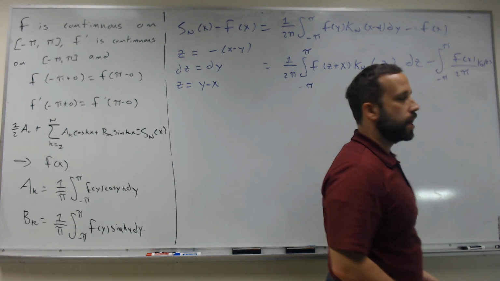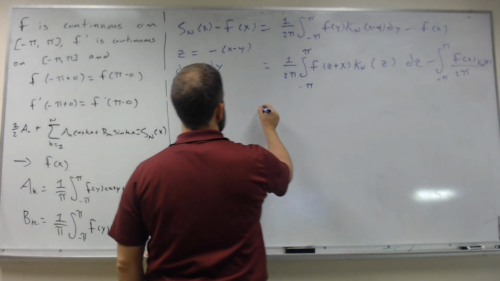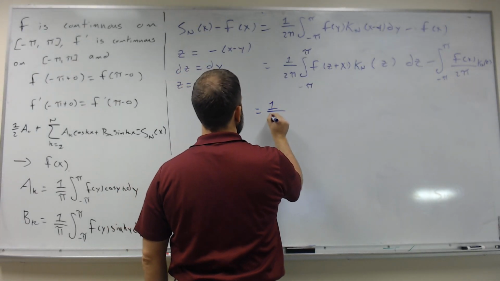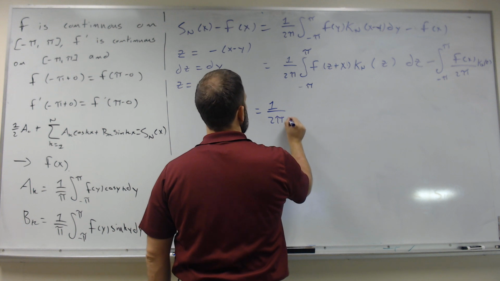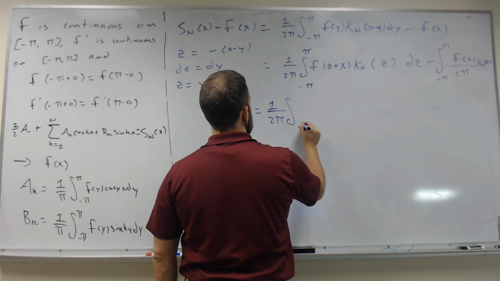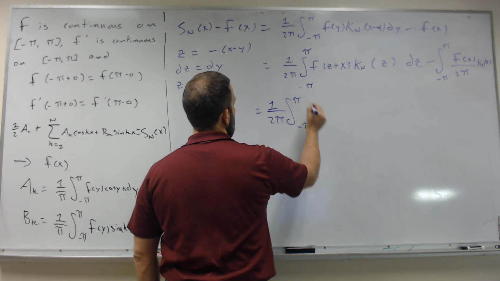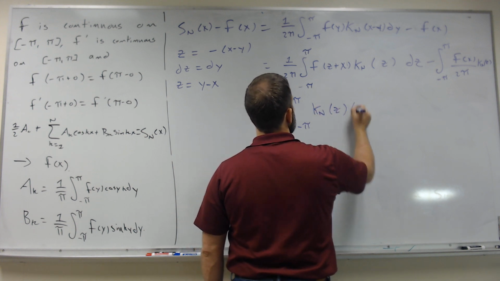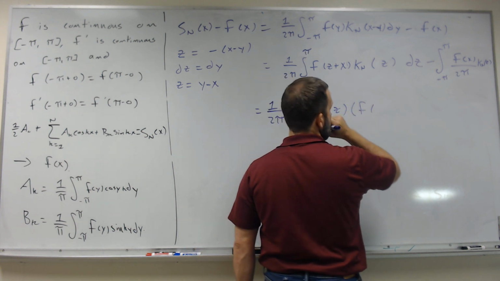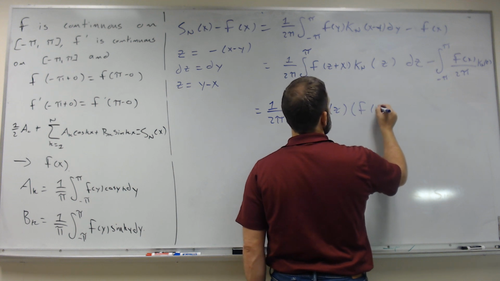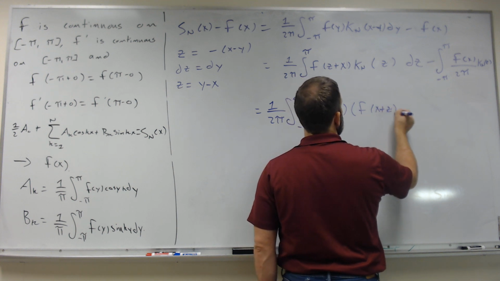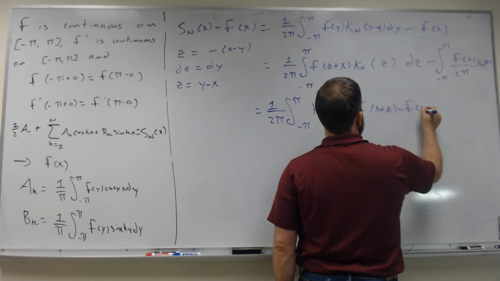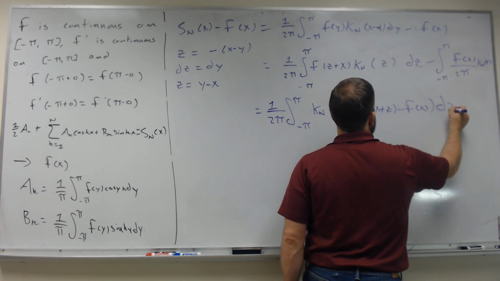So this is just equal to f of x. And so I can write this as 1 over 2 pi times the integral from minus pi to pi of kn of z times f of x plus z minus f of x dz.